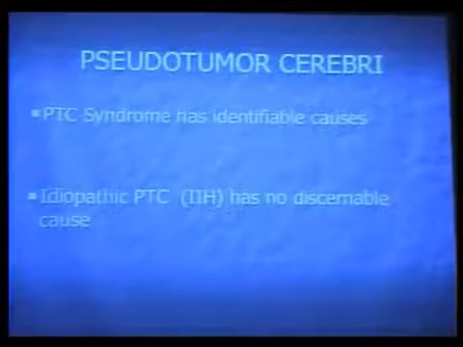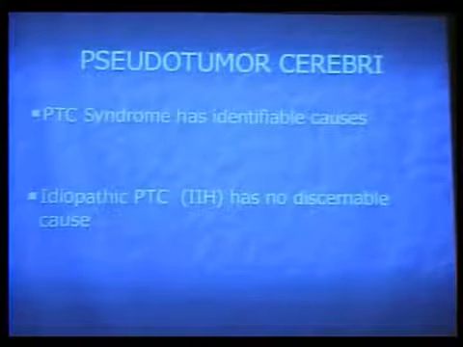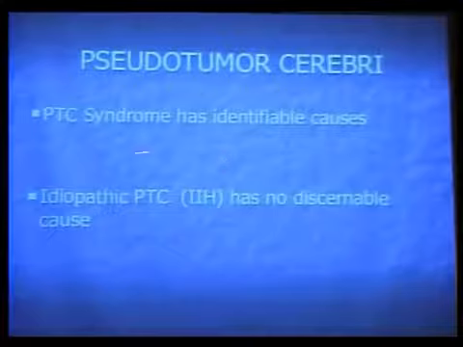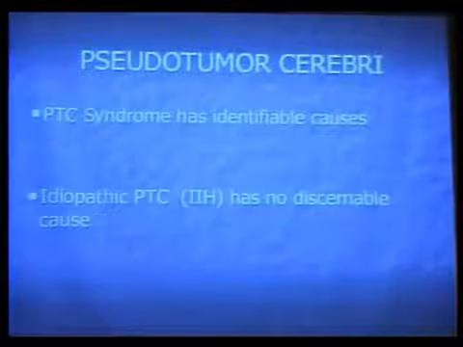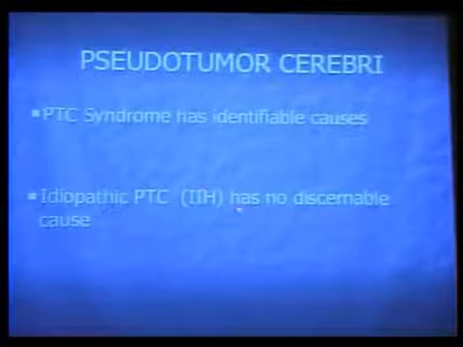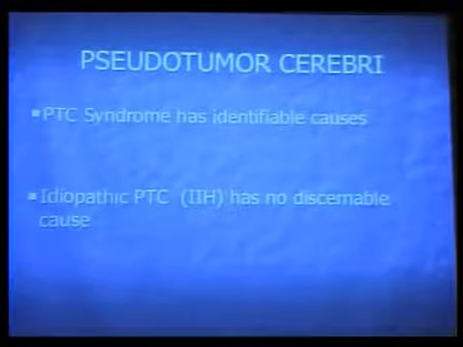So you had to say, this is IIH and this is pseudotumor, but then people would get confused. So I like to call it the pseudotumor syndrome and idiopathic pseudotumor. But you can call it anything you want, but you have to make sure the people you're talking to understand whether you're talking about the idiopathic form, or what some people still call IIH, and a pseudotumor syndrome that's associated with a known cause.